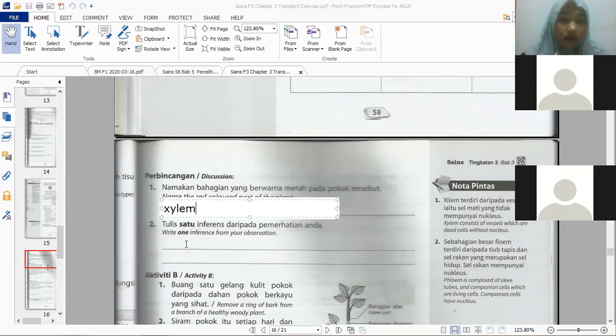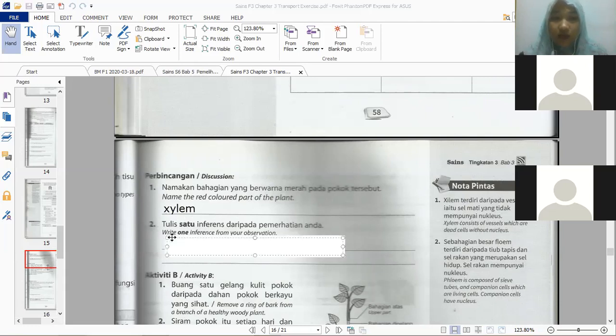Right, and then write one inference from your observation. Remember, the teacher told you many times: inference is the what, why, the reason. The reason why you say the xylem will be red color. So how do you want to answer it? Just ask yourself again: why do you say xylem is the red colored part of the plant? So this is how you answer the inference.